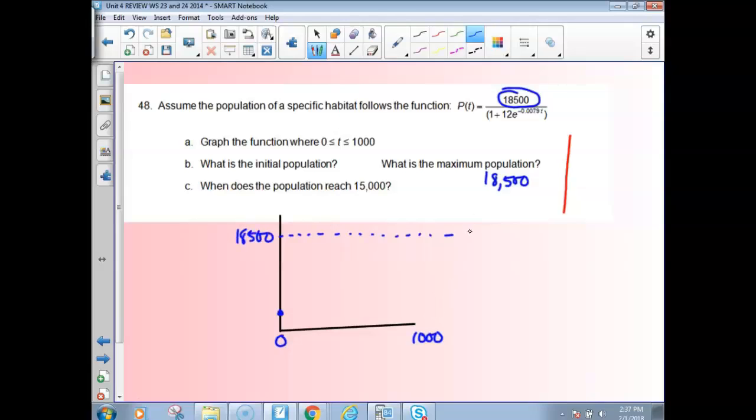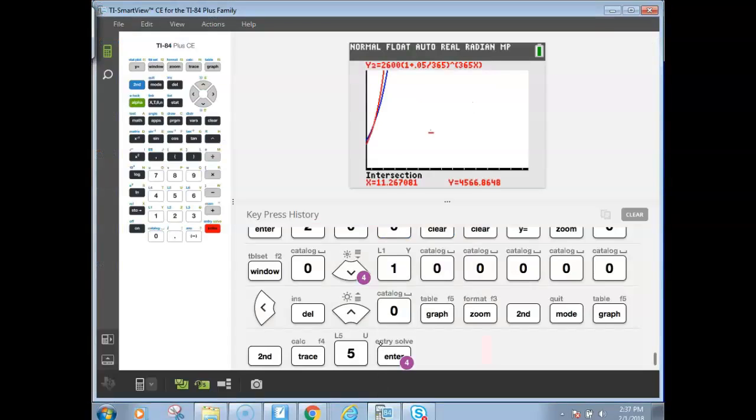Then you need to pick what you want your range to be. I have 0 to what? What should the top be? 20,000 would be fine. You could do 19,000 if you want. It's just got to be something bigger than that, right? So say I did 20,000 just for simplicity.